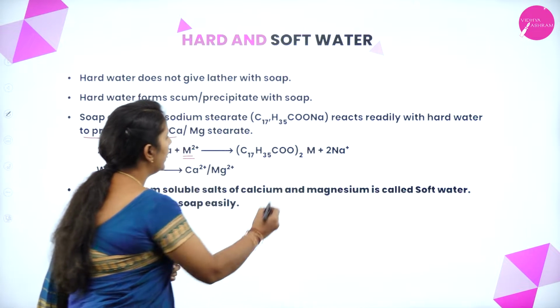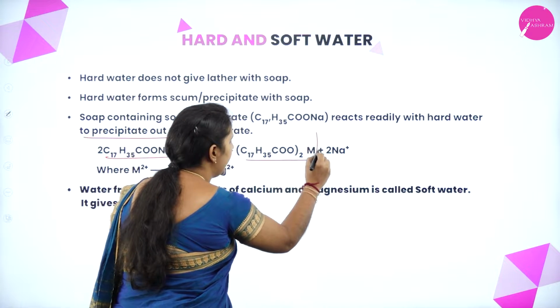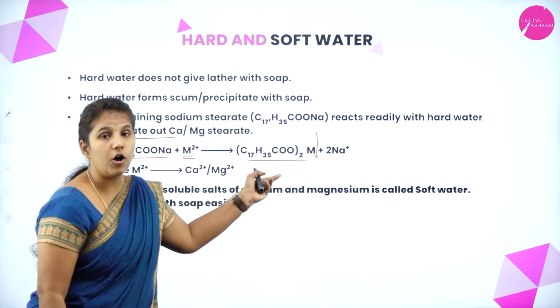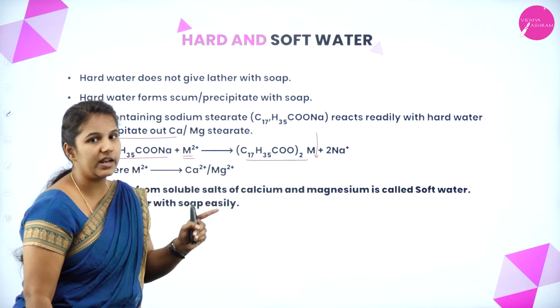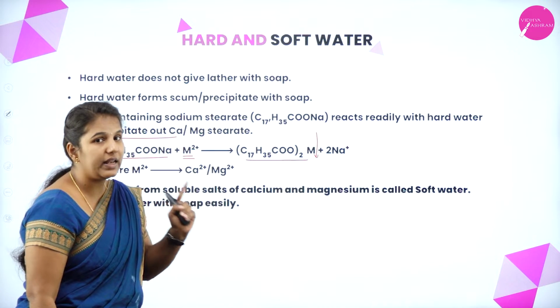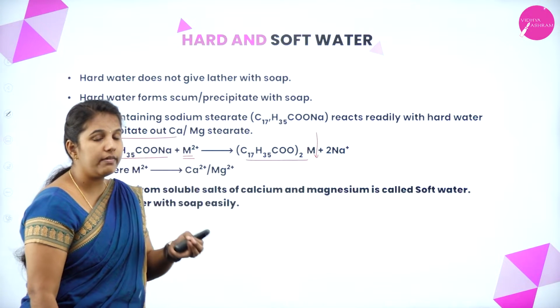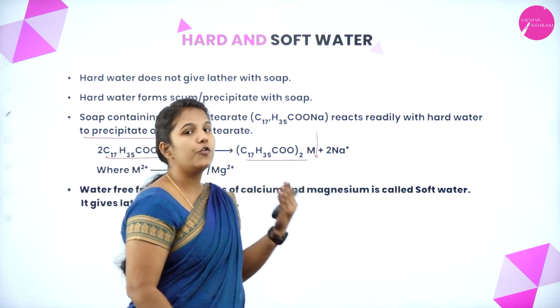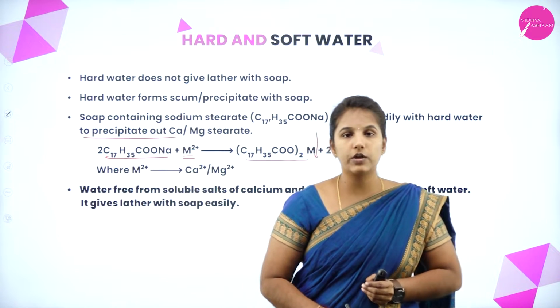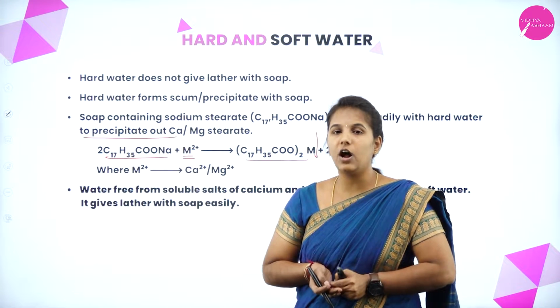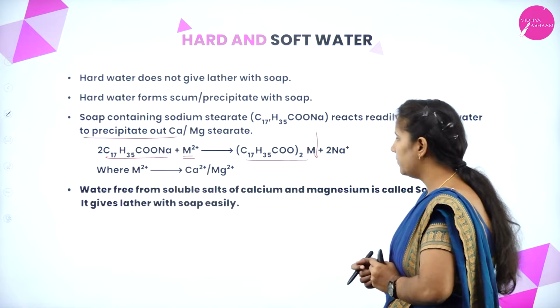It forms what? It forms a precipitate of calcium or magnesium stearate. This calcium or magnesium stearate is also known as what? Scum, which prevents the water from forming a lather. Okay. So what do we call that precipitate? We call it scum.